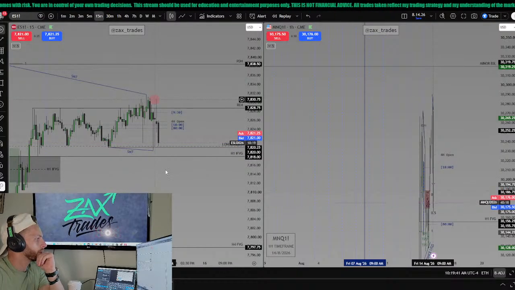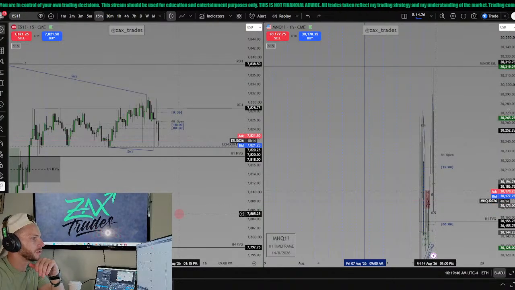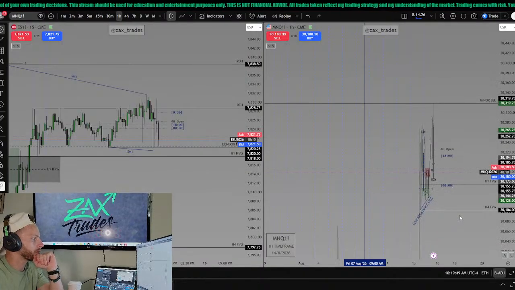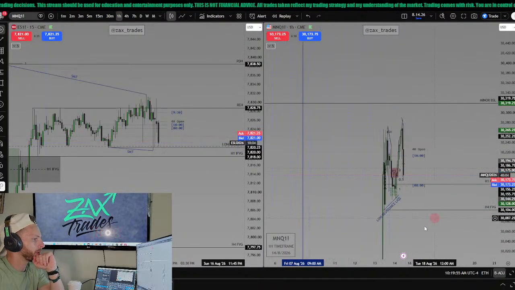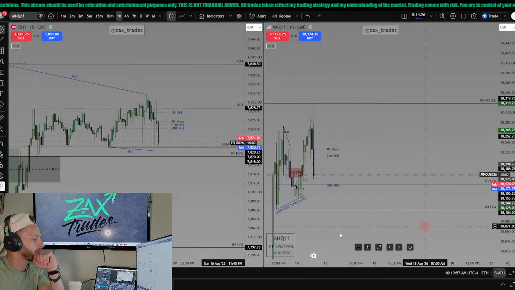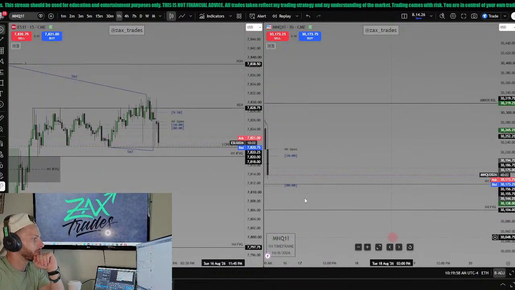We had a wick already to the downside, tapping equilibrium, tapping that 1 minute FEG. We've already had heavy manipulation off the 9 a.m. hourly candle. I took that as my reasoning there, which I'm good with.